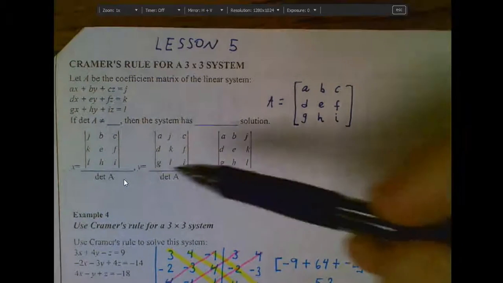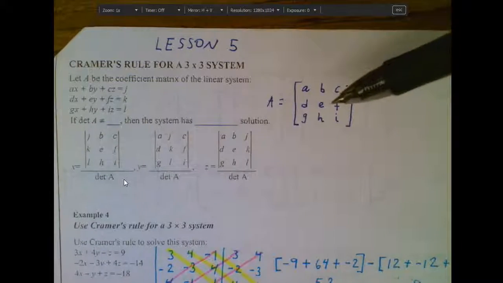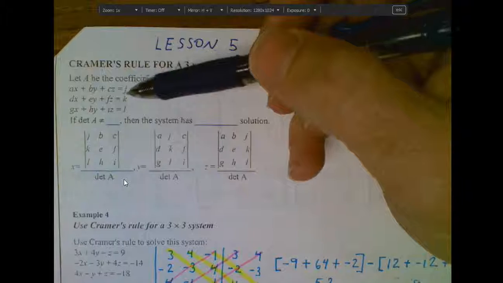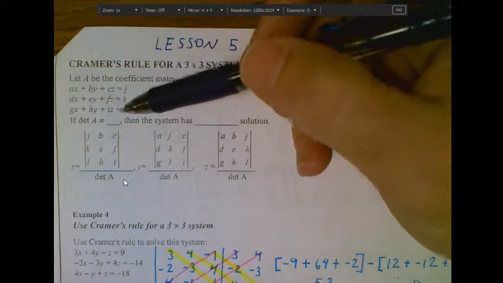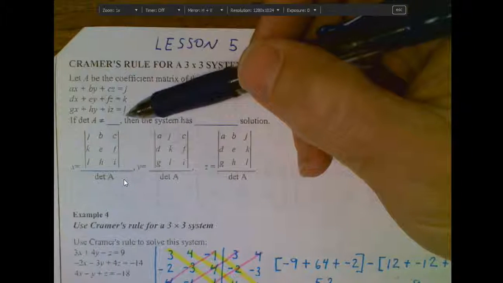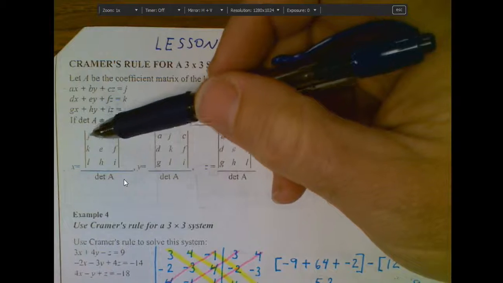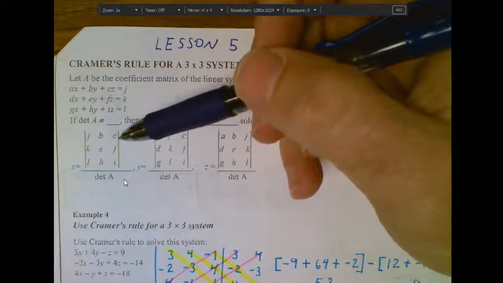On top of all of my setups is where things would change depending on which letter I want to solve for. So if I wanted to solve for x, I'm going to take my x values, these guys, and replace them with my constants. So I would take j, k, and l, whatever those numbers are, and put them into my x column, and then I'm going to leave the y and the z column alone.